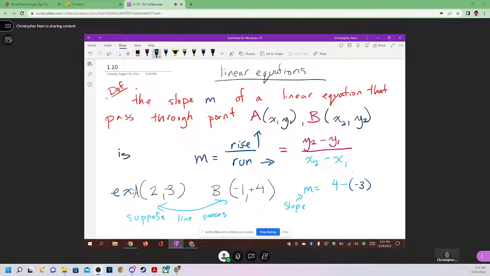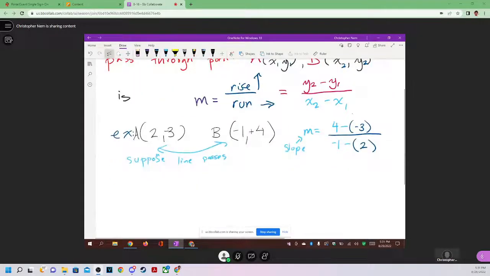I use parentheses so I don't make a mistake. And this is all going to be divided by the x value of point B, which is negative 1, minus the x value of point A, and that is 2. Boom. So the idea is that you're getting the change in y divided by the change in x, the difference in your y values divided by the difference in x. So if I calculate that out, I get m is equal to 4.